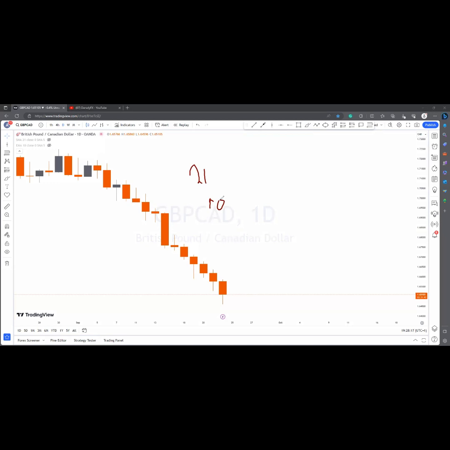When the 10, which is the shorter one, crosses the 21, which is the longer one, it gives us a signal that a trade could be setting up. So without further analysis, let's go into the chart itself.